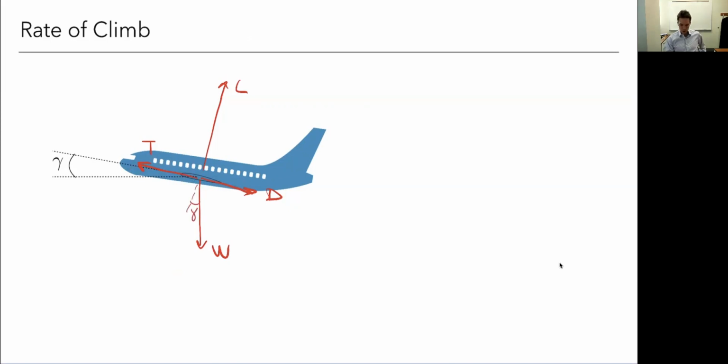Okay, so if I do it along, let's just do it along this axis here. I've got thrust and drag, and then I've got a component of the weight, W sine gamma. So I've got thrust, assuming a steady climb, equals drag plus W sine gamma, right? So it's balanced by this drag, and then this component of the weight right here.